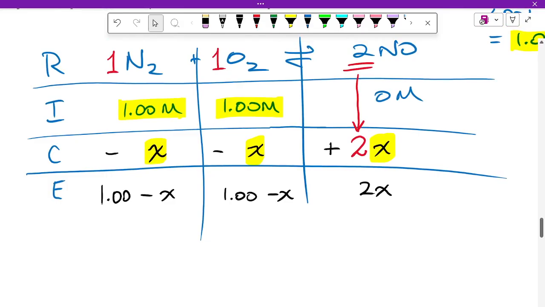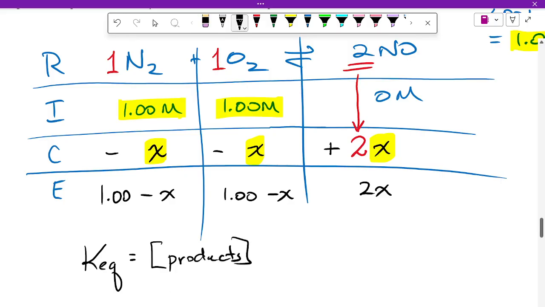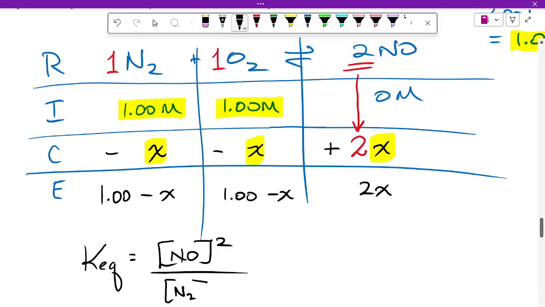And once again, you're going to write your KEQ expression. Is that the KEQ expression? No, that's the general formula, but anytime you write it, you need to put in the actual chemicals. You can write that if you want to, but it's totally optional. What you need to write is NO squared over N2 times O2.